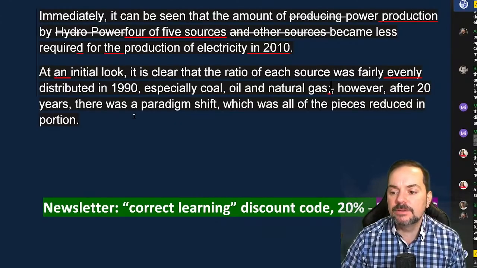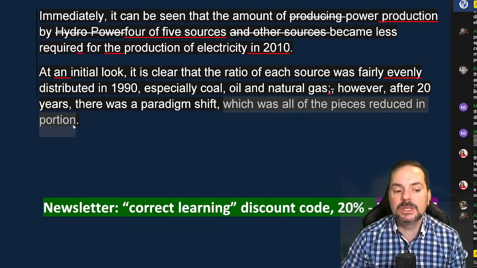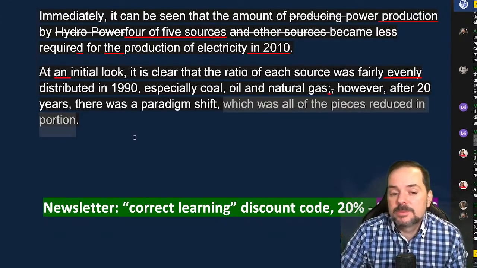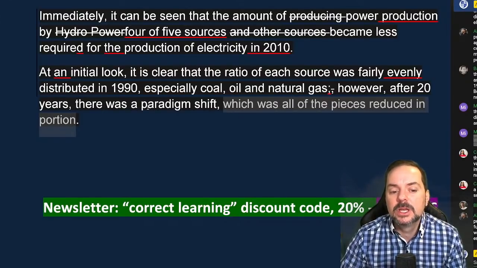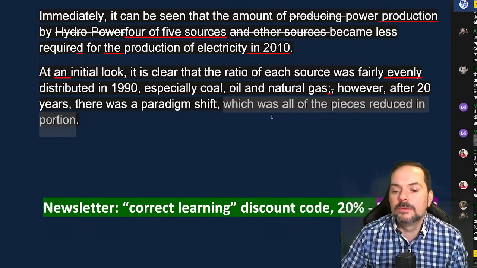A paradigm shift. Okay, as far as information is concerned, this is a bit confusing as to what we're actually expressing, or what you're expressing. There was a paradigm shift. And it's not true that all of the pieces, so be really careful.